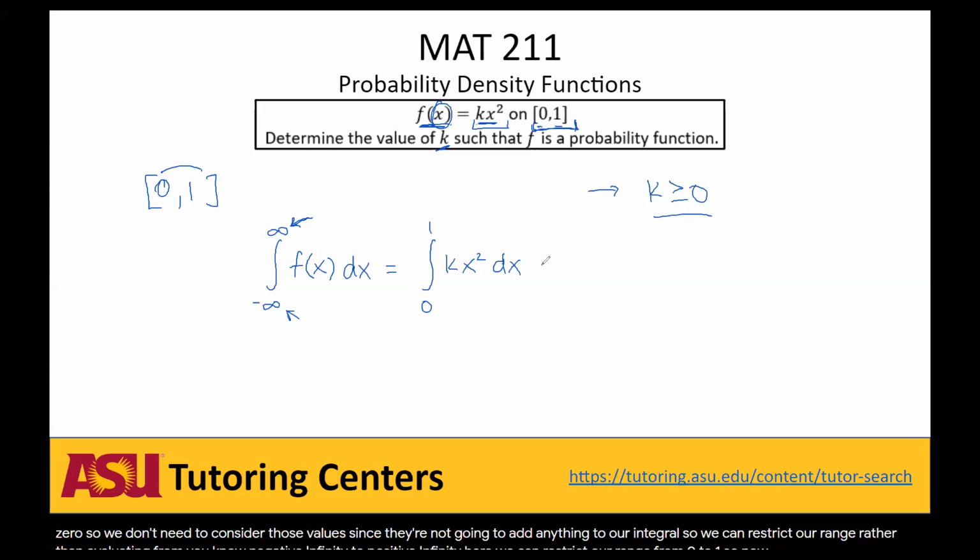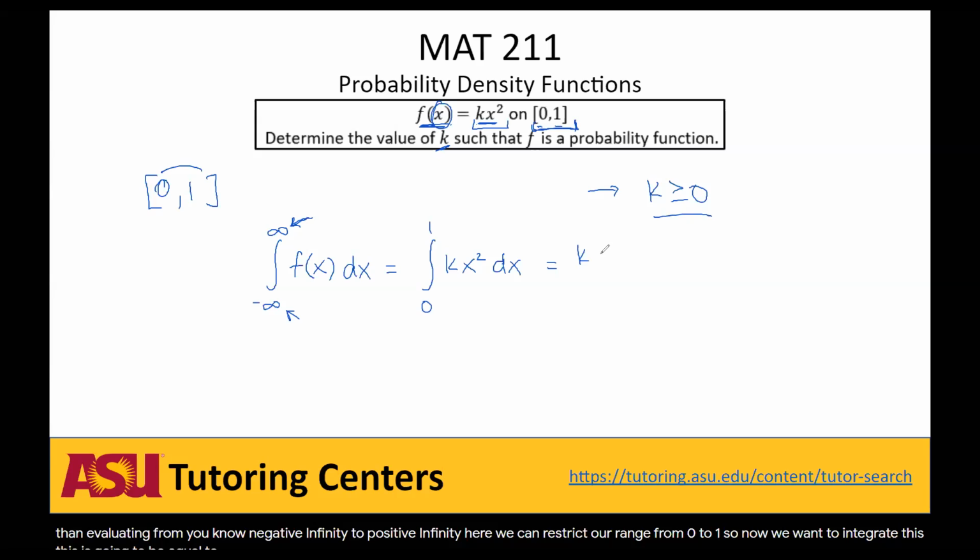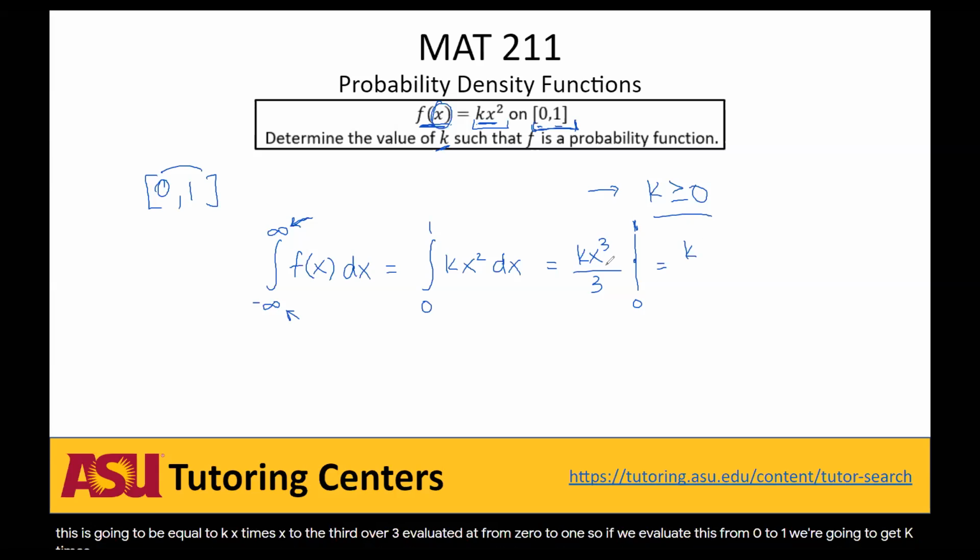So now we want to integrate this. This is going to be equal to k times x to the third over 3 evaluated from 0 to 1. So if we evaluate this from 0 to 1, we're going to get k times 1 to the third over 3, which is k times 1 over 3.